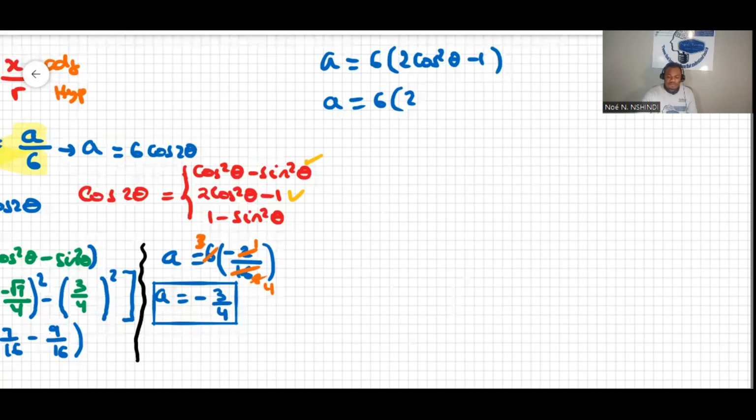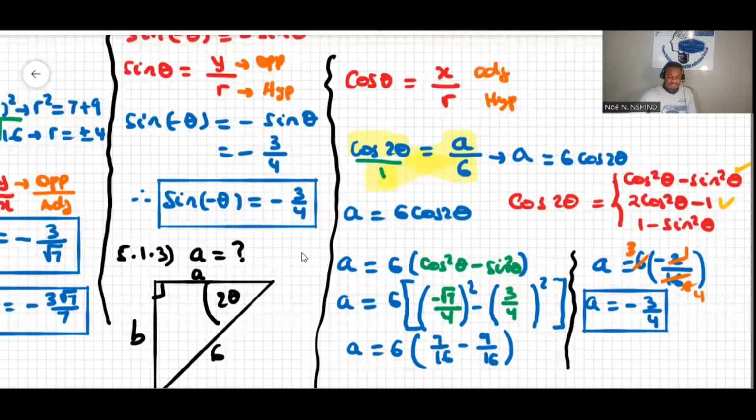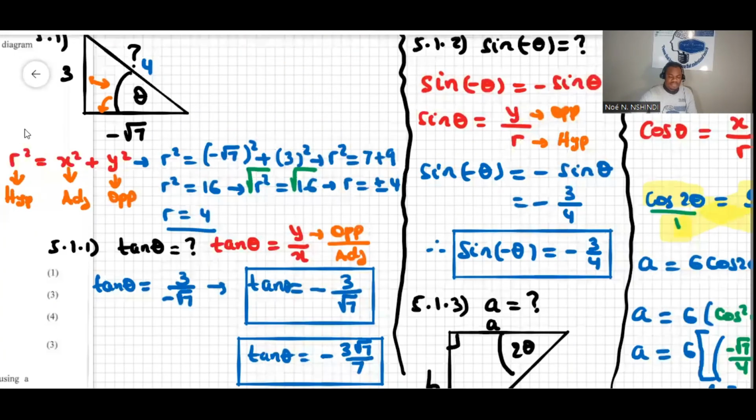I prefer to use the square brackets over here, so I'm going to say 6 square brackets, and then 2, and then that's squared, minus 1. Cos of theta, if you look there in the diagram, will be adjacent over hypotenuse, so negative root 7 over 4.